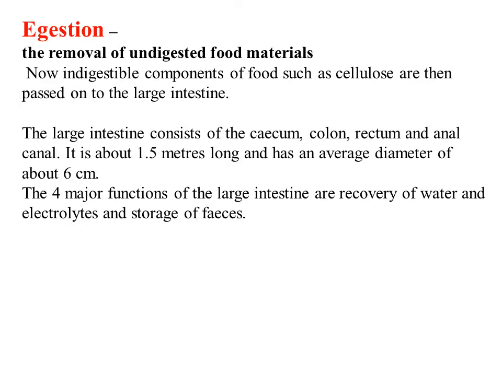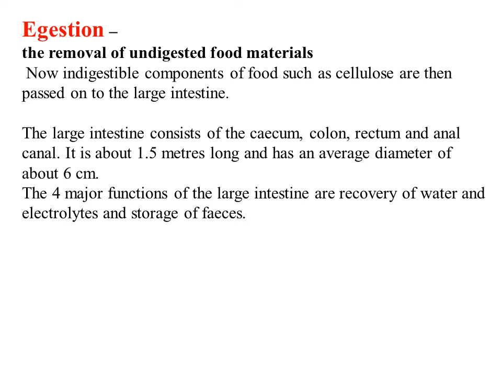After the complete digestion of the food items, some things are left. Those are called undigested food. Those are not good for our body, so they are pushed into the large intestine, where the large intestine absorbs the water from the undigested food and other electrolytes.